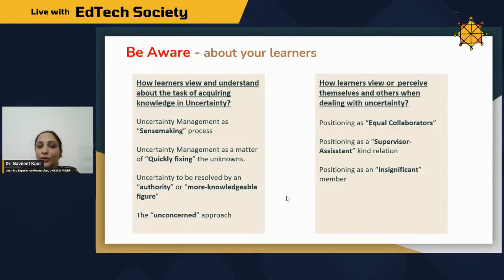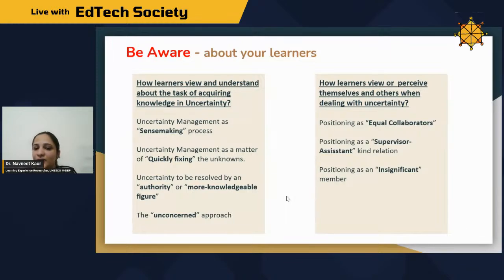Then, about knowing your learners, it's important to know how your learners in a classroom generally view or perceive themselves and others. Are they looking at others as equal collaborators? Are there relationships that show some supervisor-assistant kind of dynamic, meaning maybe there is one dominant person who is always speaking in class or always making decisions for others, and others who are just abiding by what that person is saying?